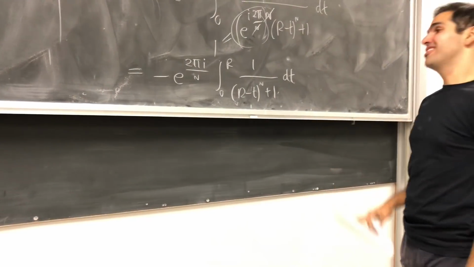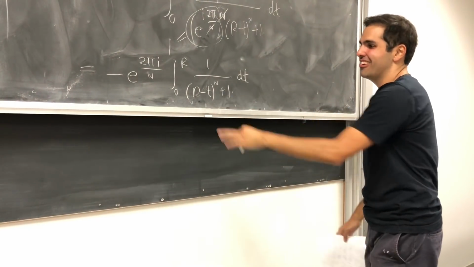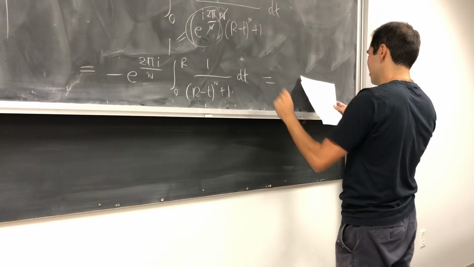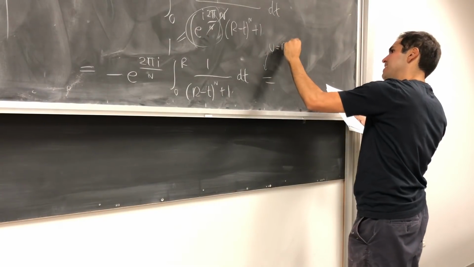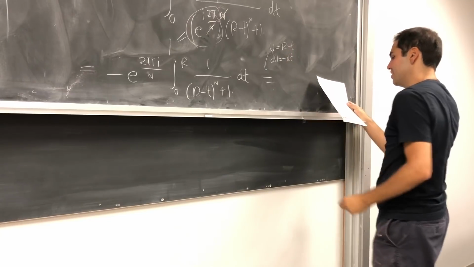And now I know some people are very excited, and yes, I can relieve your suffering. Let's do a change of variables. So let u be r minus t, and then du is minus dt.